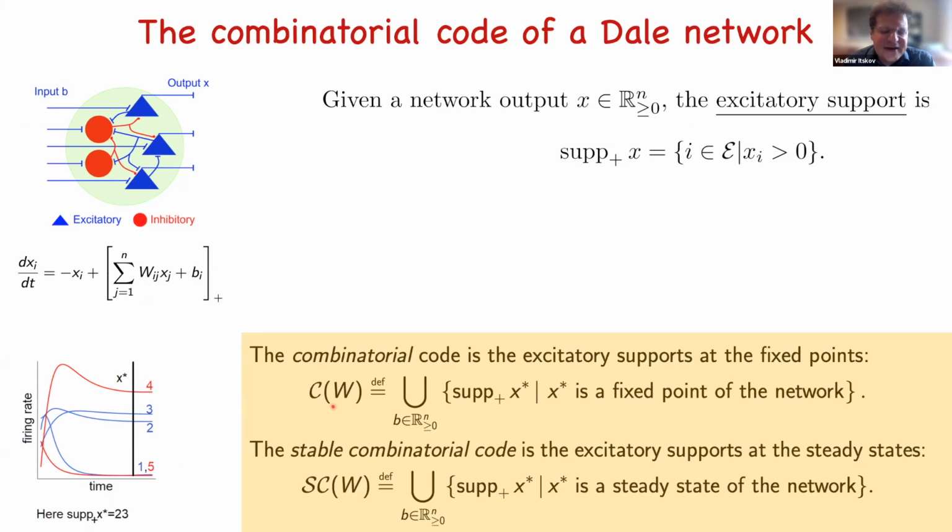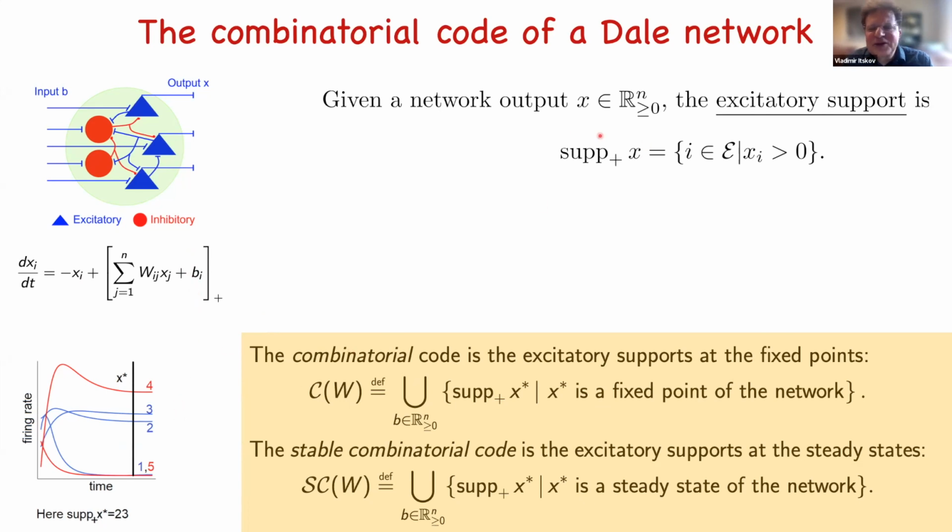And then we define a code of such a recurrent network as a collection of all possible supports under all possible inputs. Here, this funny symbol denotes the fact that we consider all possible b's, so all inputs to the network are valid.